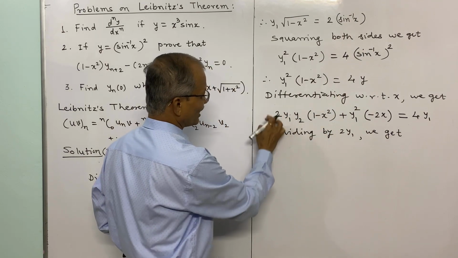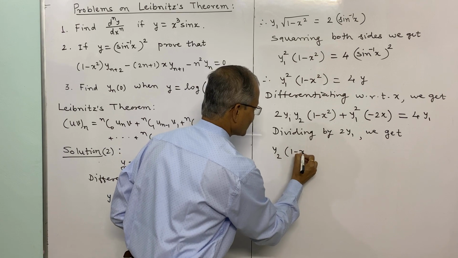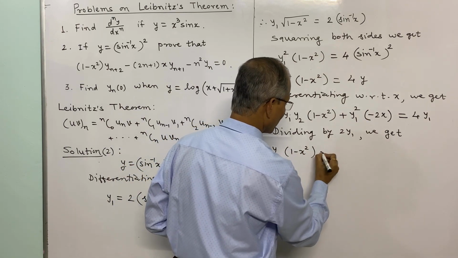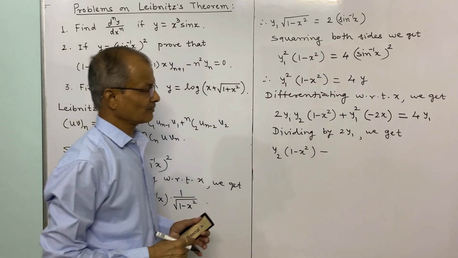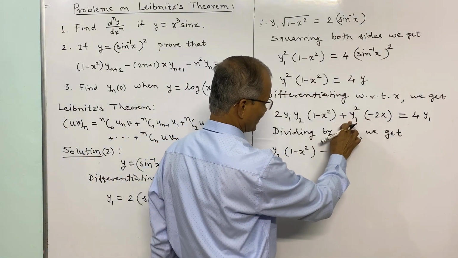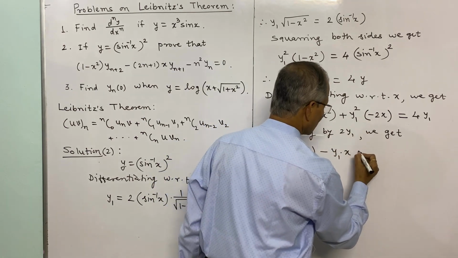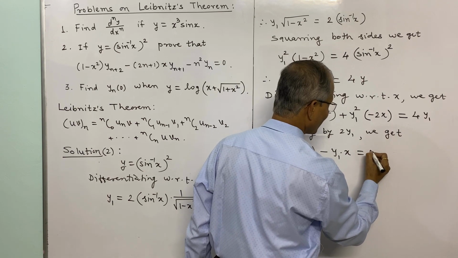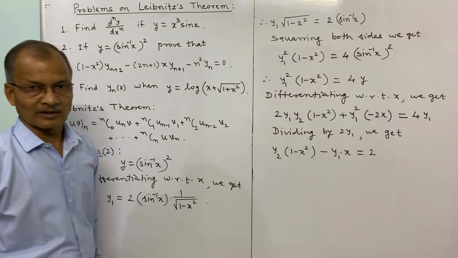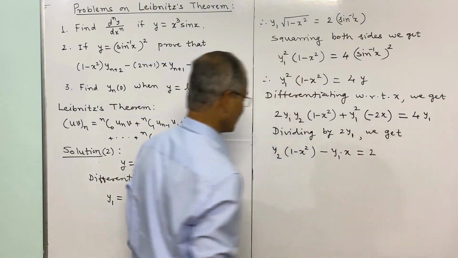If you divide by 2y1, it remains y2 into 1 minus x square. And next, the negative term, minus 2x y1 divided by 2y1, leaves x, so minus x y1 remains in the second term. And on the right side, if you divide by 2y1, what remains is 2 only. y1 gets cancelled after division, and thus we have obtained this relation.